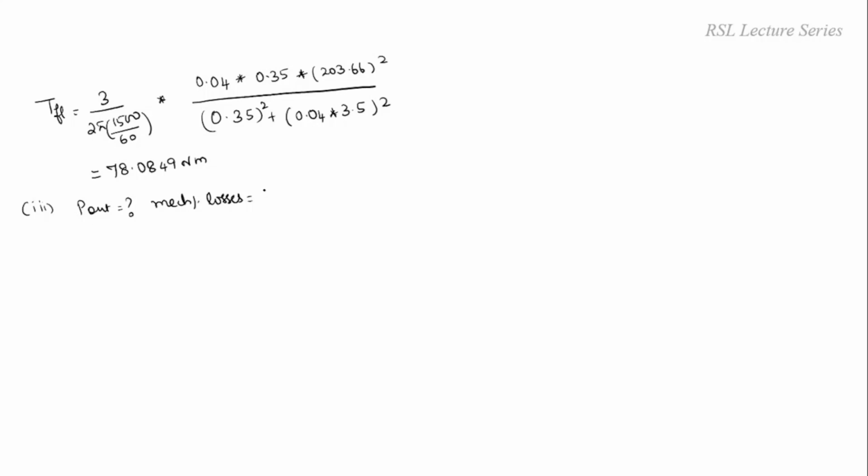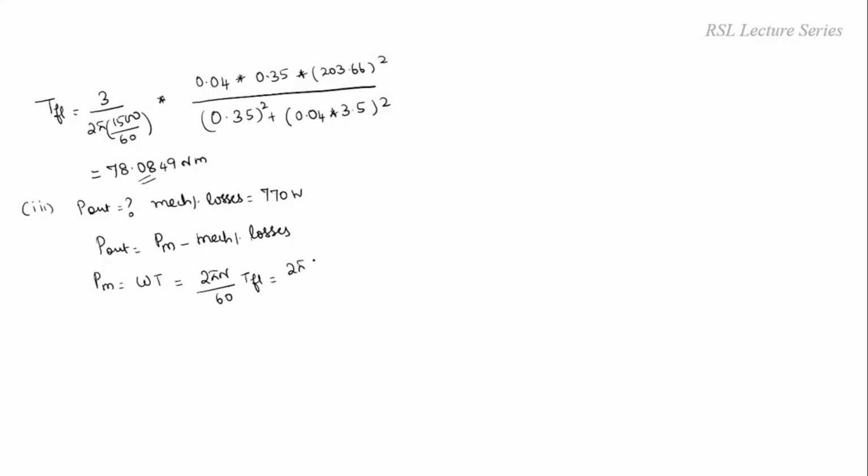Now we have to find the output power. The mechanical losses are equal to 770, which is given. The formula for output power is the gross mechanical power developed minus the mechanical losses. The gross mechanical power developed can be written as omega times T. Omega is 2 pi n by 60 and T corresponds to the full load torque, which we have already found.